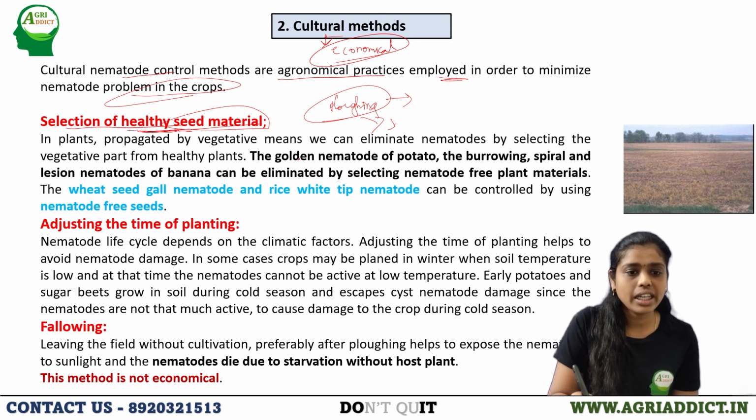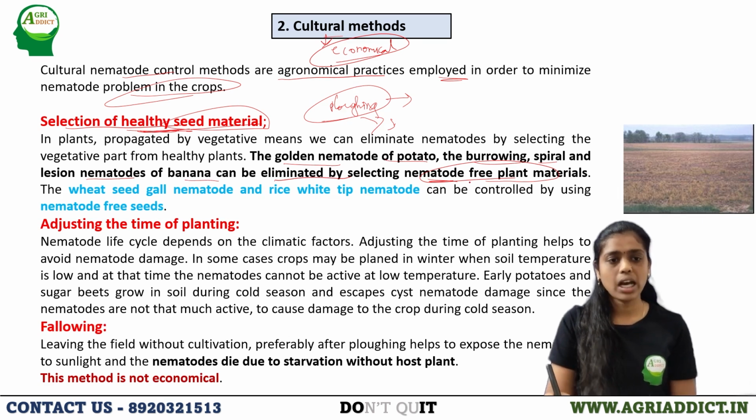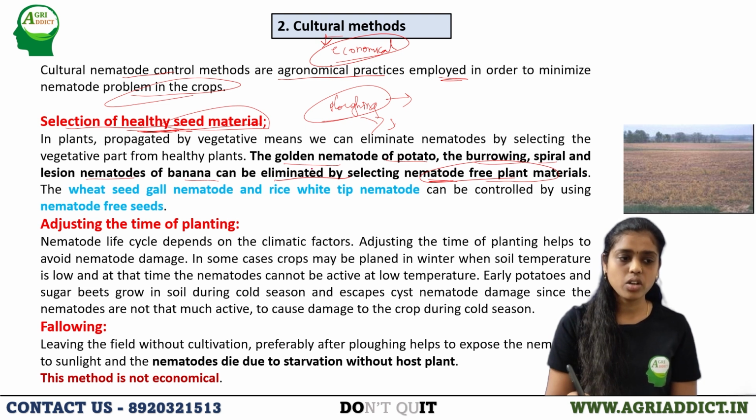In case of golden nematode of potato, burrowing nematode and spiral nematode, that is Helicotylenchus, and lesion nematode Pratylenchus of banana, these can be eliminated by selecting nematode-free planting material, because these nematodes enter through the planting material, so selecting healthy seedling material prevents the entry of such nematodes.